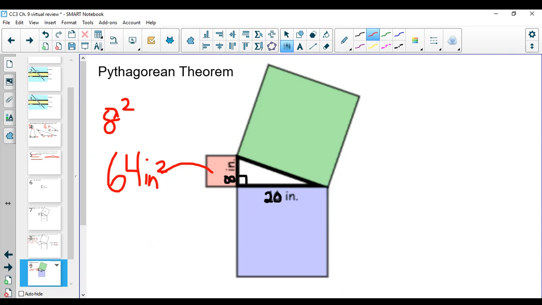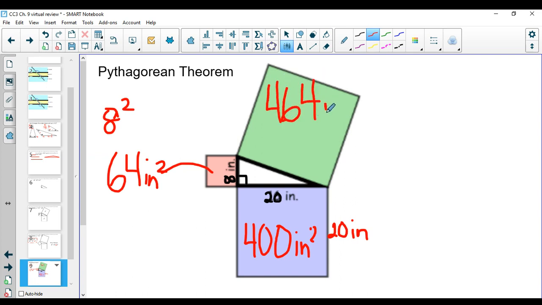To do the same thing here, 20 inches times 20 inches is 400 inches squared. That's what the whole area of the square is. And then we add these two smaller squares together to get the largest square, which gives us 464 inches squared.